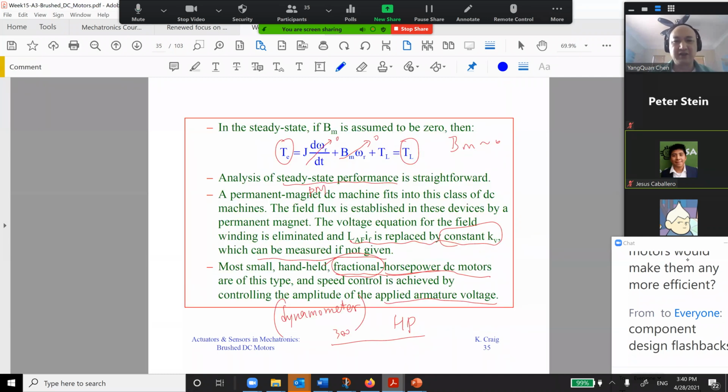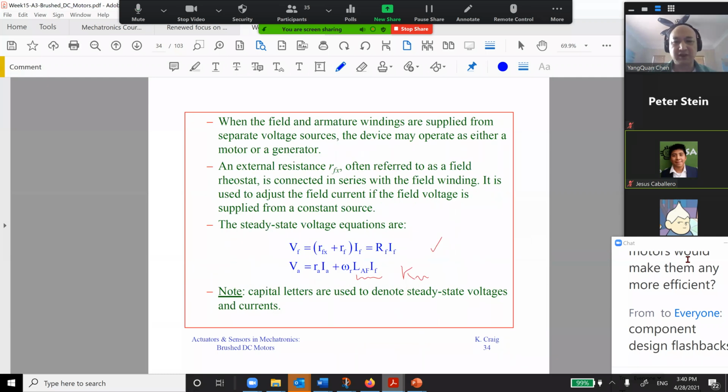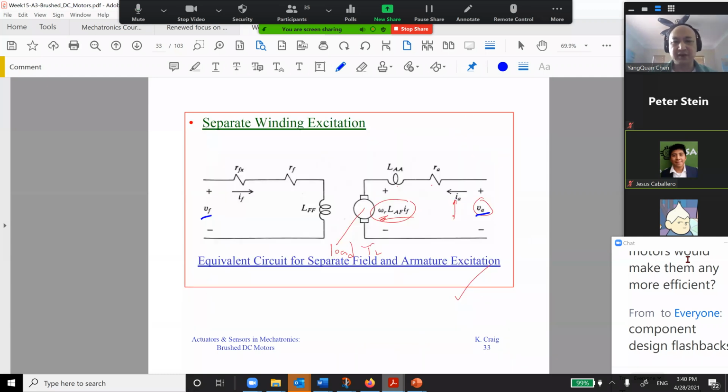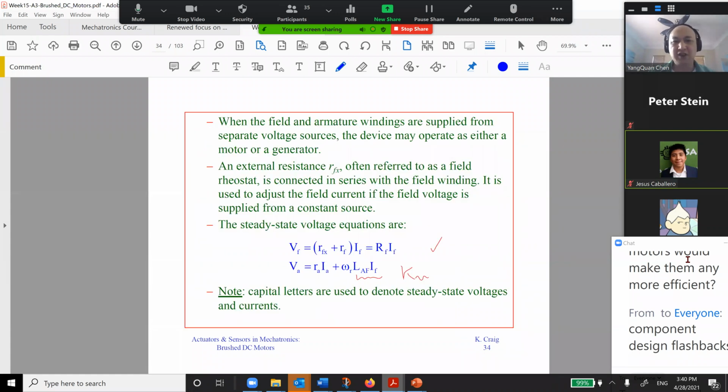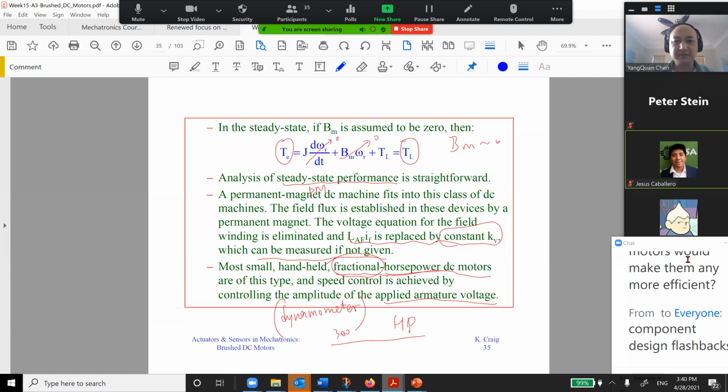But for the first one, the separate winding excitation, the torque is actually not like that. Most of the small handheld fractional horsepower DC motors have this separate excitation. You just control the amplitude of the applied armature voltage.